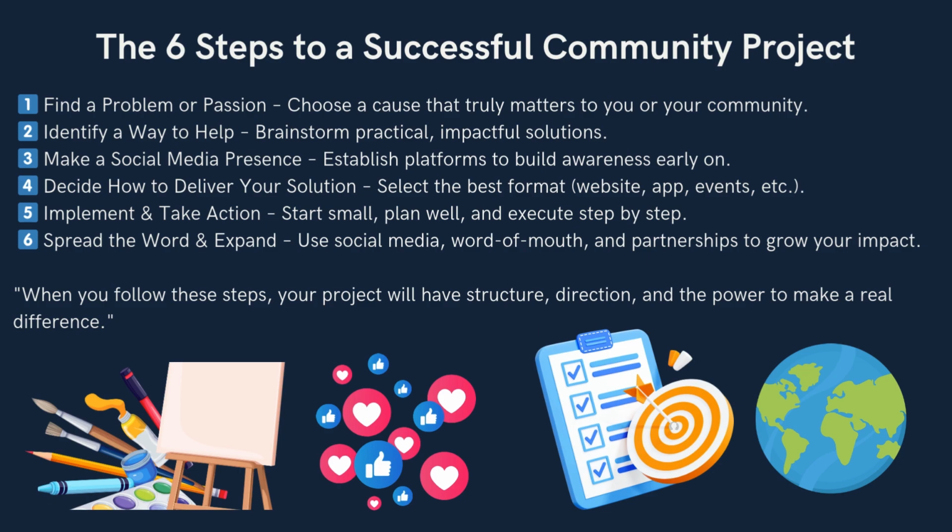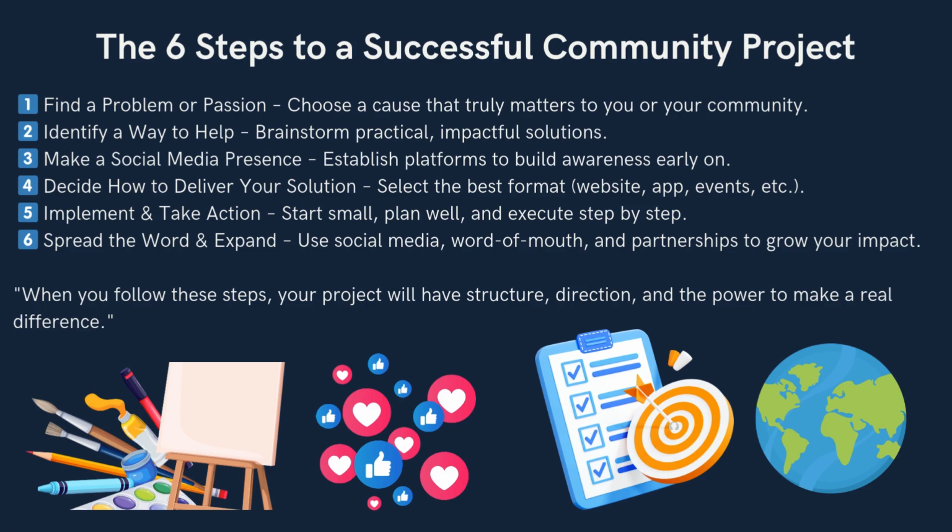So here are the six steps to a successful community project. First, finding a problem or passion, a cause that truly matters to you or your community. The important thing is that you'll have something you are willing to really push for and make very successful, that you have the knowledge to help a lot of people with, or something where people are in dire need of it being addressed and helped.